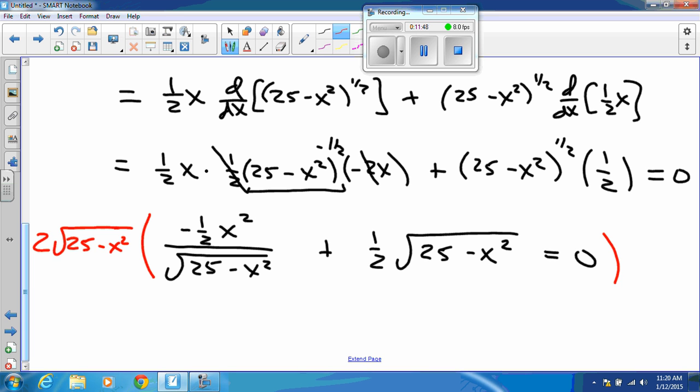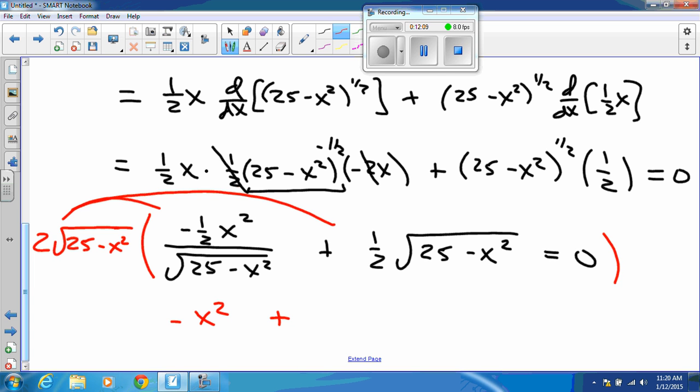And when I do, in the first term, gotta remember to distribute the terms, my 2 and my 1/2 cancel. My factors of root 25 minus x squared cancel, and I'm left simply with negative x squared.